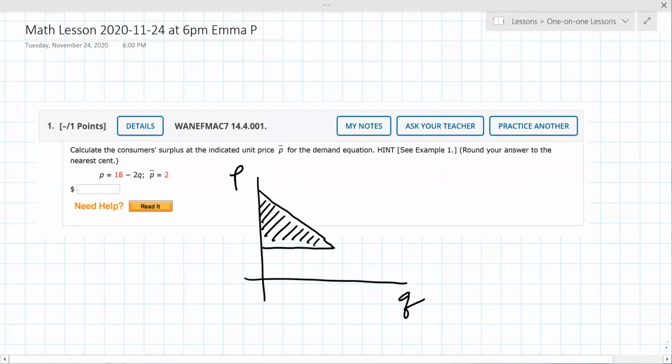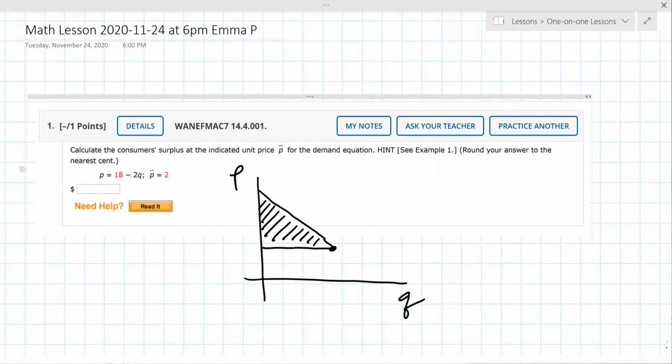So you have to figure out the quantity, I believe. So to get the quantity, you put 2 in for P. Is this right? This doesn't seem right. Sorry, I always use calculators for these, so I almost never explain them by hand.